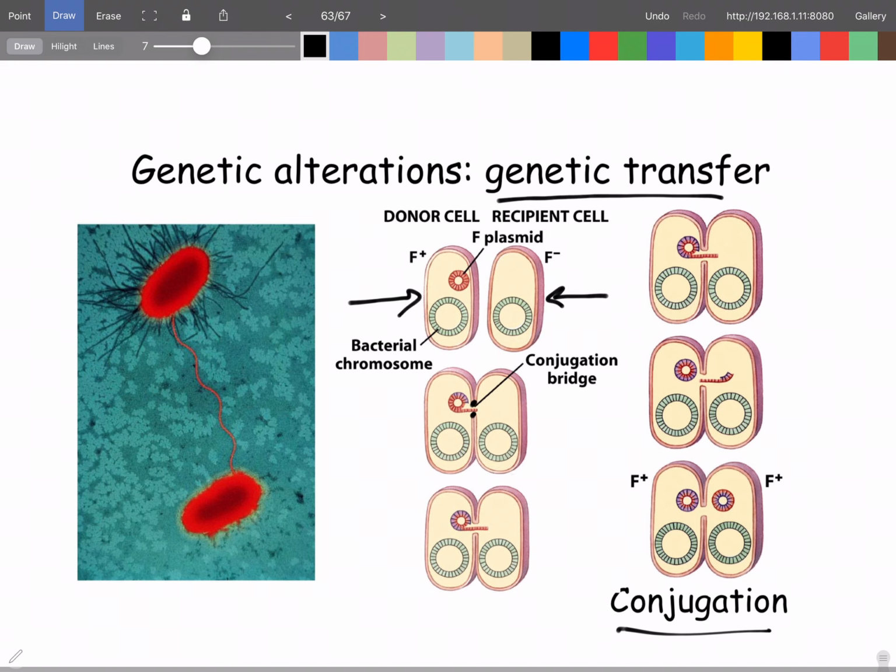There's an enzyme encoded by this plasmid that nicks the DNA and allows a single strand to pass through that sex pilus into the F minus cell. And as this single-stranded DNA comes in, it's repaired by the host. The single strand left behind is repaired by that host, and now we have two fertility plus cells.